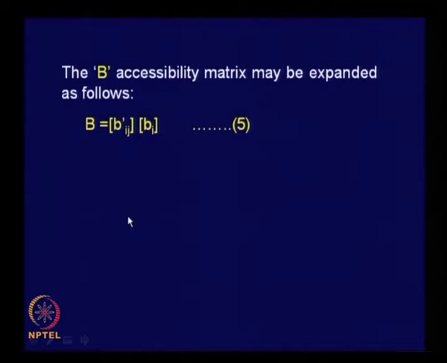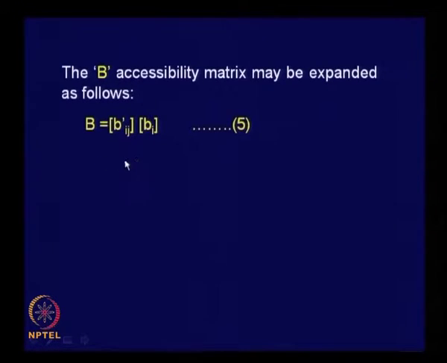Then the B accessibility matrix may be expanded as follows, similar to the A accessibility matrix. The only difference is that the B accessibility matrix is related to population serving employment, while the A accessibility matrix is related to basic employment. Otherwise the structure of the equation is the same as for the A accessibility matrix.